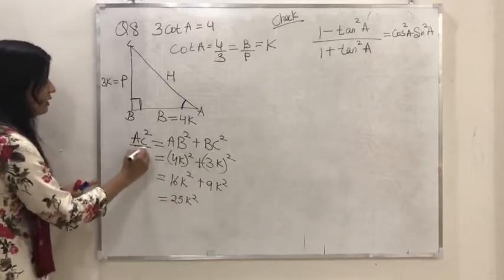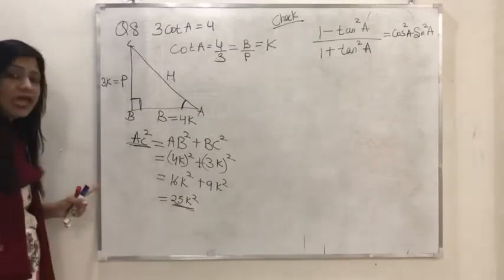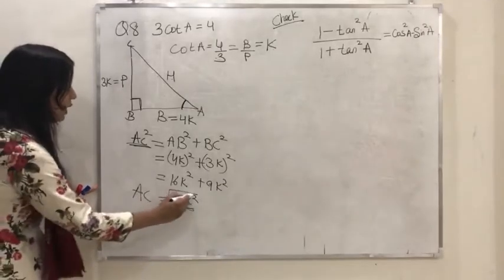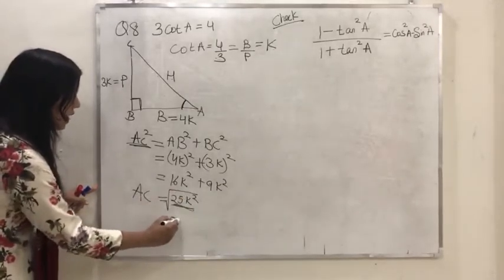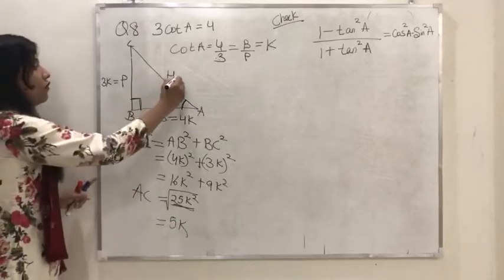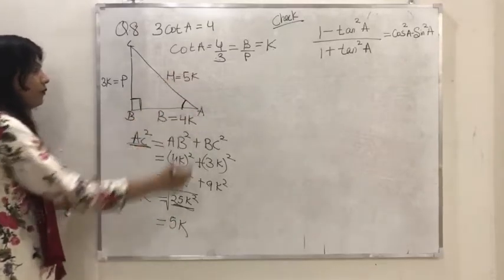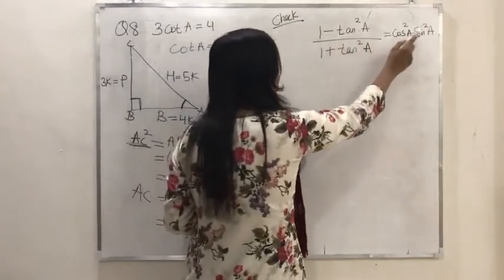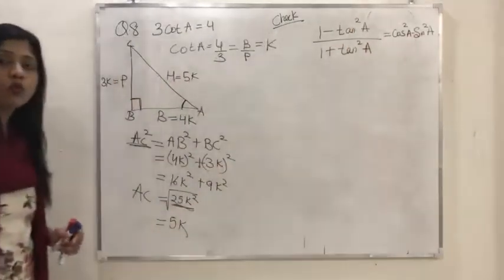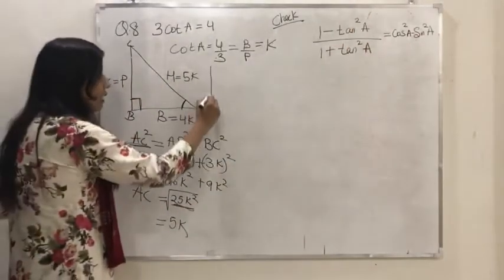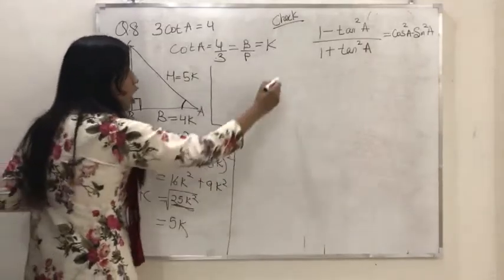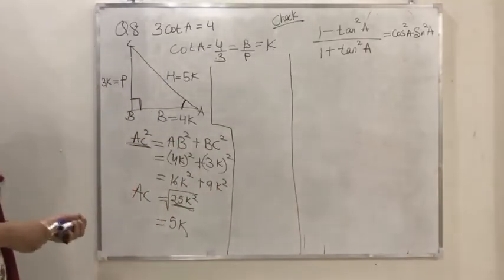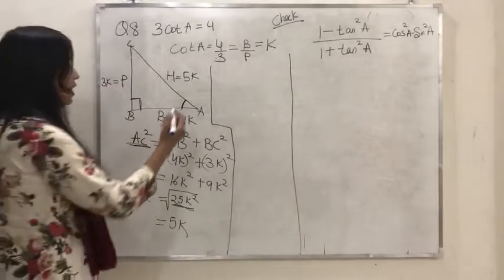My AC square is 25k square, so my AC will be the root of 25k square, that is 5k. So the value of the hypotenuse is 5k. What I require is tan A, cos A and sin A. So I will find the values of cos A, sin A and tan A. So what is my tan A?